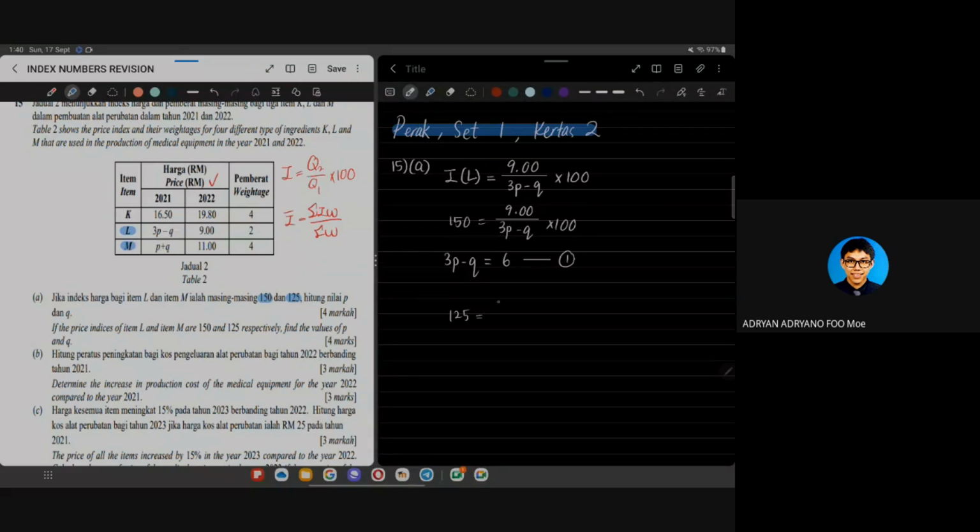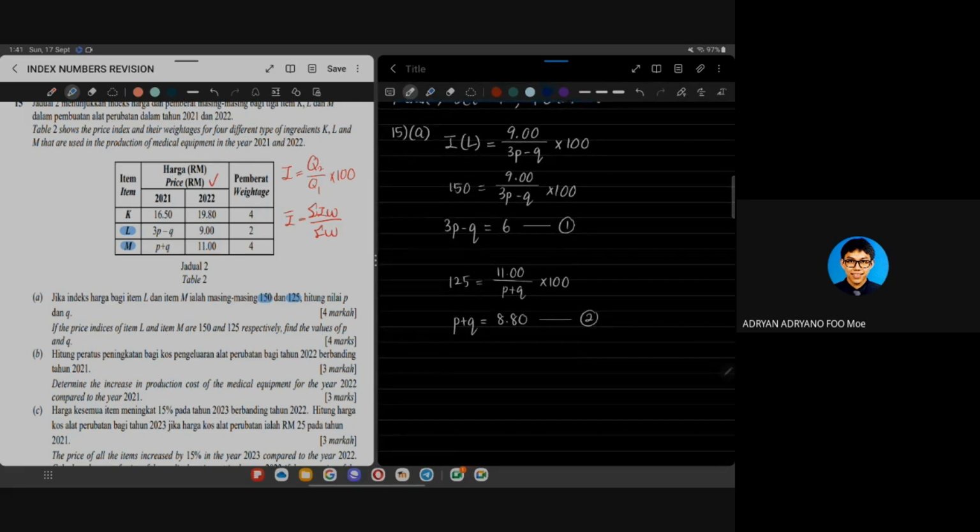So M 的是 11.00 over P plus Q times 100. So you will get P plus Q equal 8.8. Is this correct? 8.8. Okay, 我们不要写 8.8，我们写 8.80. Because in my question just now, 我写11.00嘛，所以我就跟着咯，写 8.80. Okay, perfect.